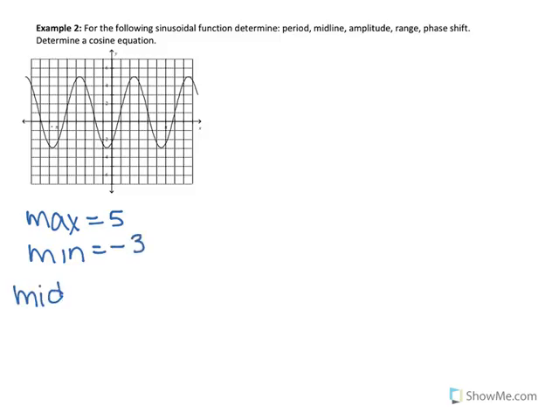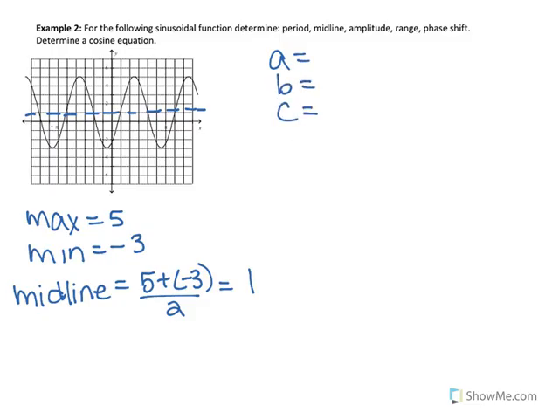This will help us find my midline, which is 5 plus -3 divided by 2, and we get 1. And that looks good. So I'm going to go over here because we're making an equation at some point. That lets me know that the value of D is 1. So we're already part of the way there.